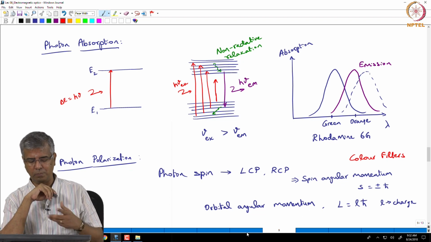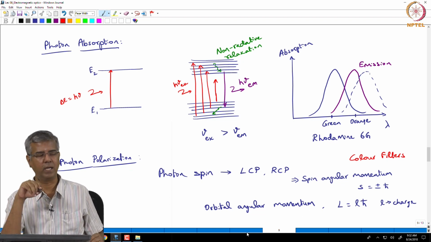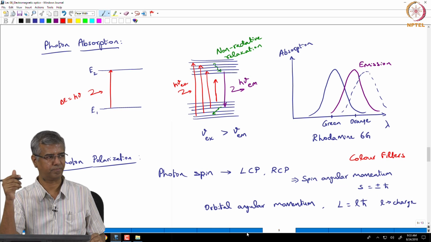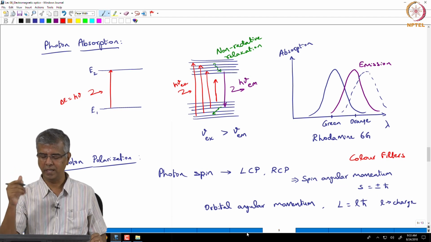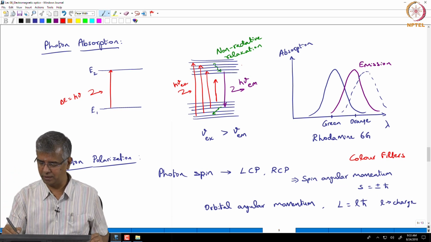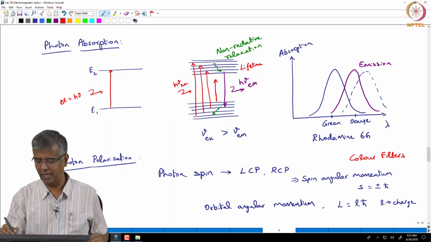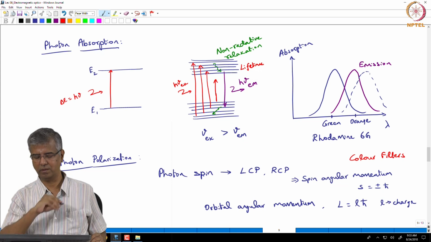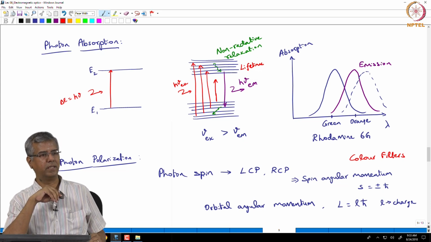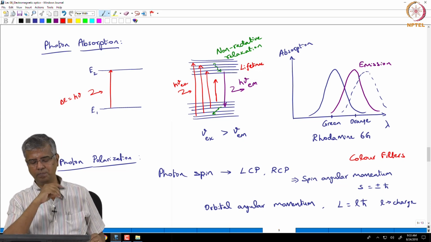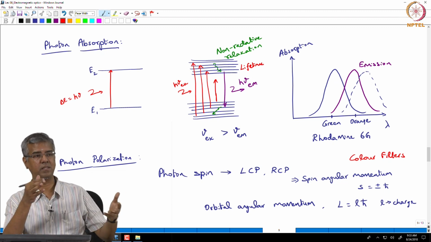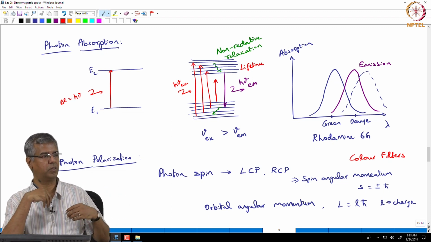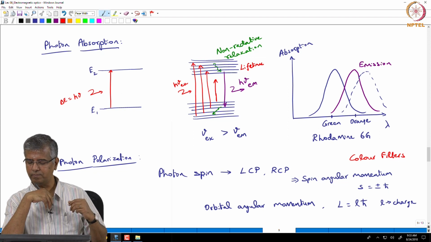We were looking at this picture of photon absorption and emission, and when we talked about a particular thing over here, there is a lifetime that the electron spends in the upper energy level before it comes down to the lower energy level.